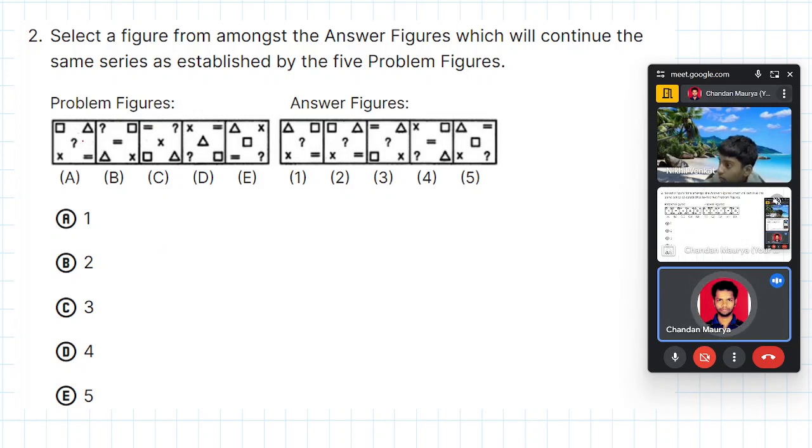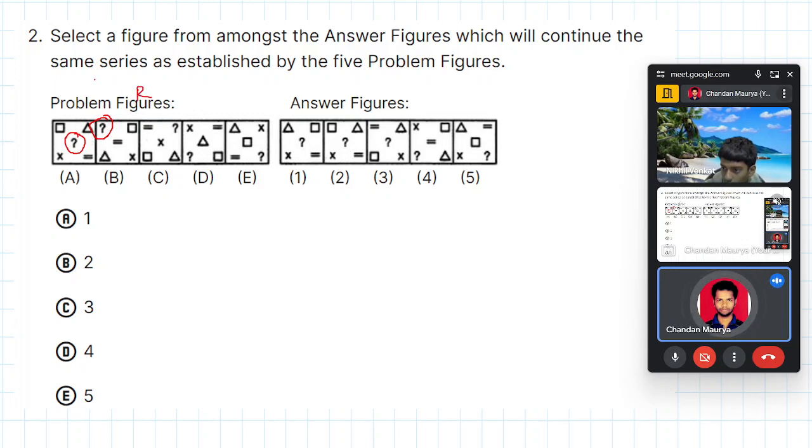Now see, here what we can see, sir, some pattern we will have to find. Now my question is where this question mark went. This question mark went at the top left corner, correct?